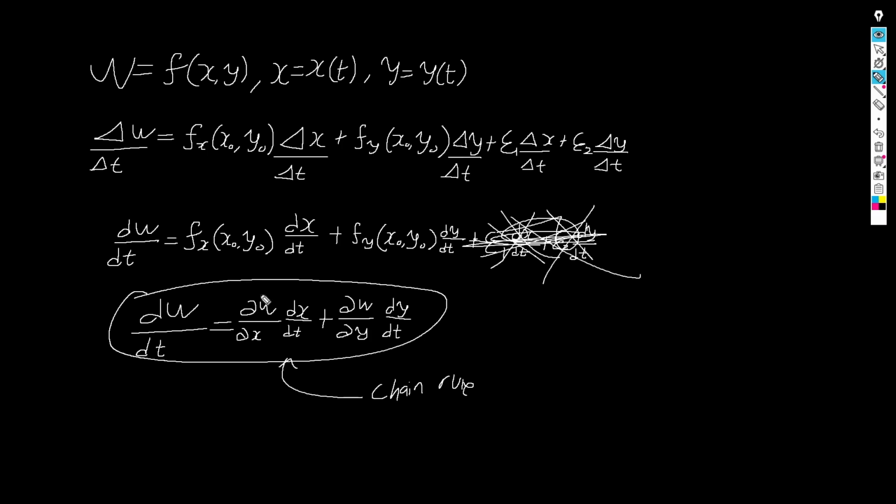By the way, here in this partial derivative, it's stating w as a multivariable function with respect to one of its variables, and over here we're using d instead of del, because if you plug in x equals x of t, y equals y of t, w is really just a function of one variable t.